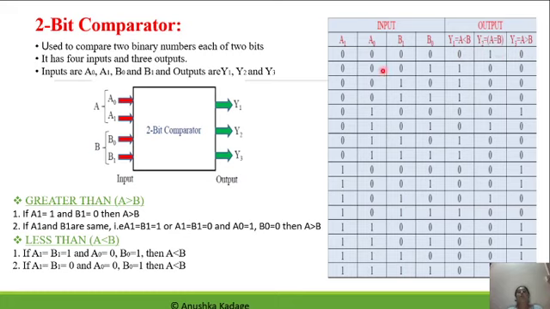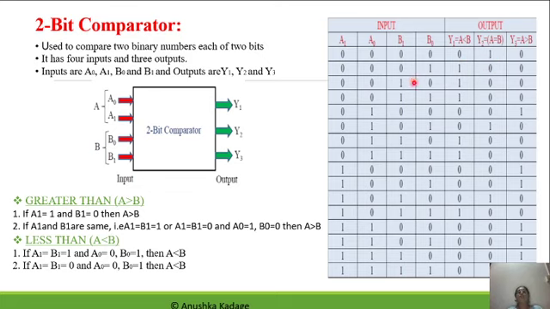Now in the case where A0 is less than B0, but A1 and B1 are 0, in this situation also the A value is less than B, and because of that the output corresponding to A less than B will be set to 1 while the other two outputs will be 0.